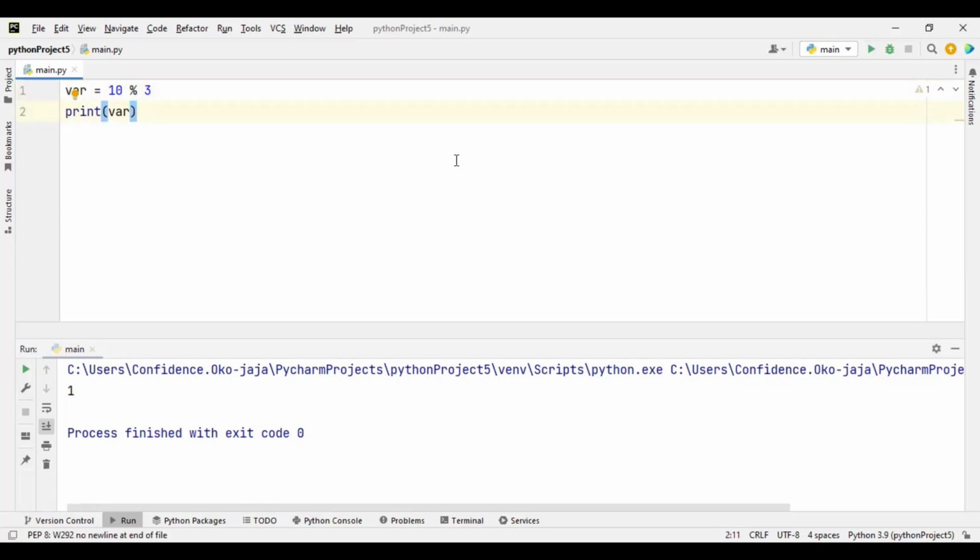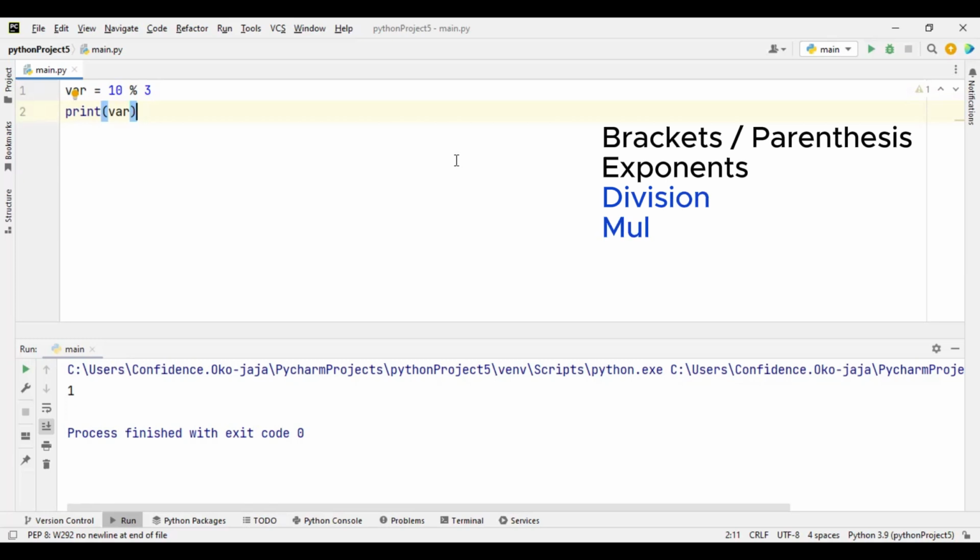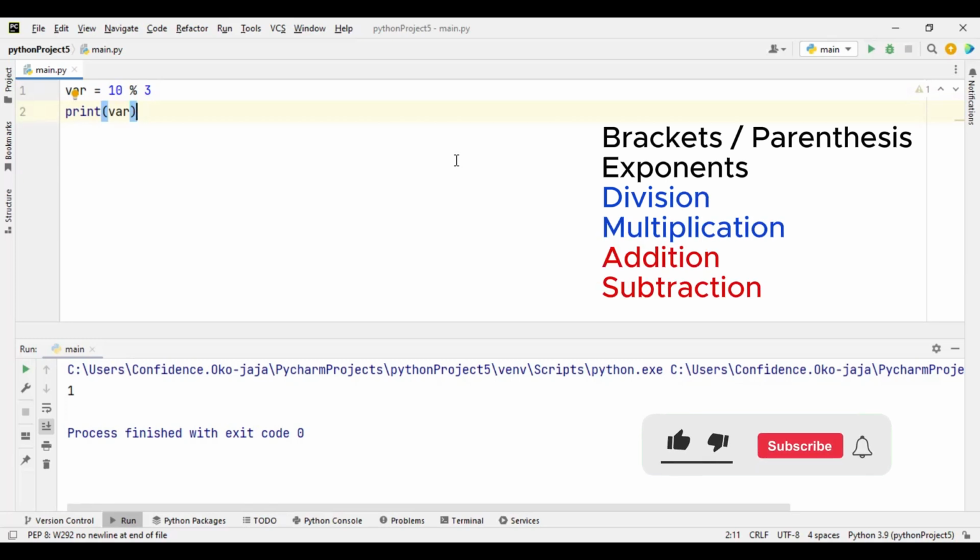And the rule is abbreviated as BEDMAS or PEDMAS, meaning bracket, exponents, division, multiplication, addition, and subtraction, or parentheses, exponent, division, multiplication, addition, and subtraction.